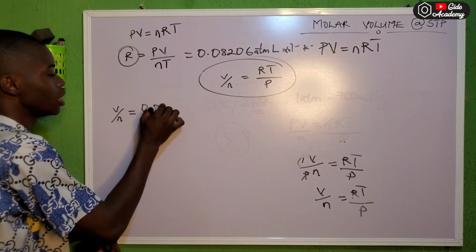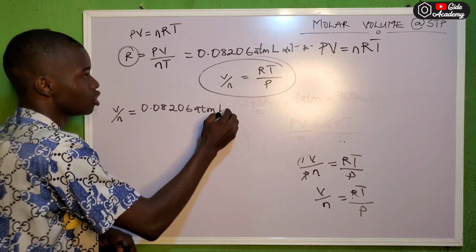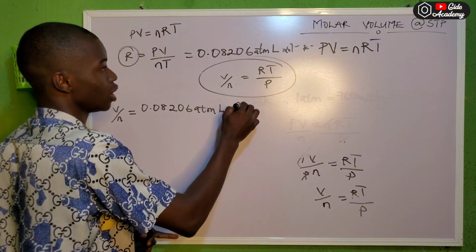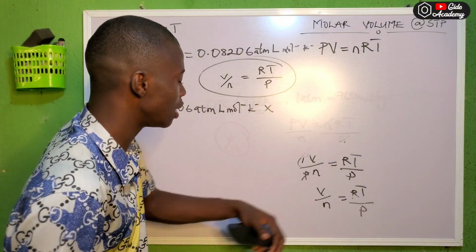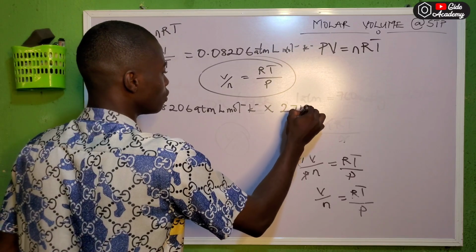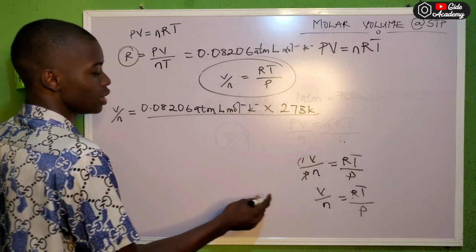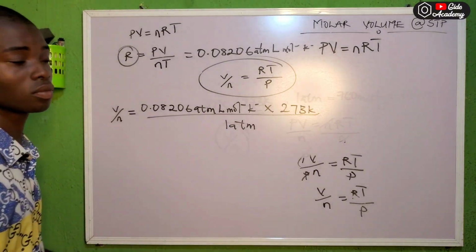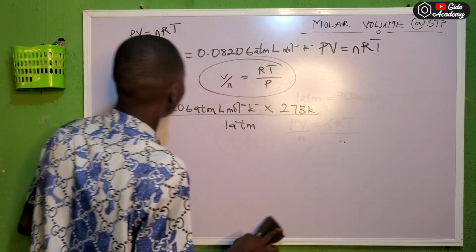The value of R is 0.08206 atm liter per mole per Kelvin. As a chemist, you are expected to solve using these parameters. Then times the temperature, 273 Kelvin, all over the pressure, which is 1 atm. So we are talking about the absolute value now, 1 atm.